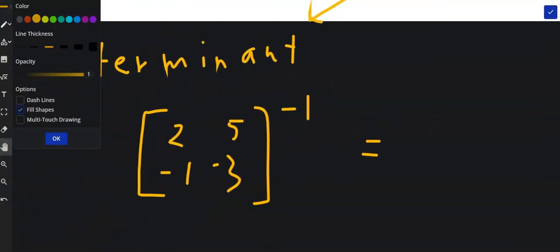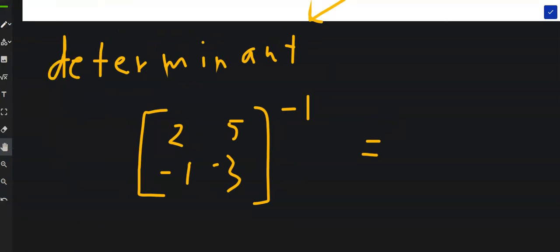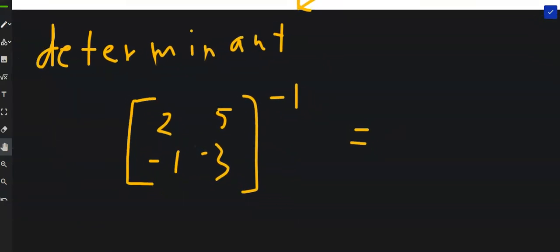So how do I find the determinant first? Watch me draw these arrows. What is 2 times -3? That obviously is -6. Notice that I wrote the -6 above the upper left corner of the matrix. Next we have -1 times 5. That is -5.